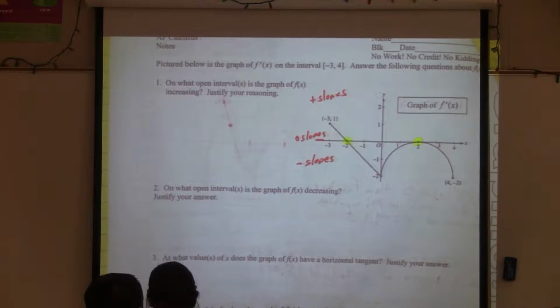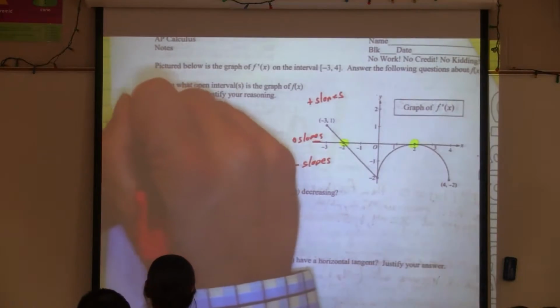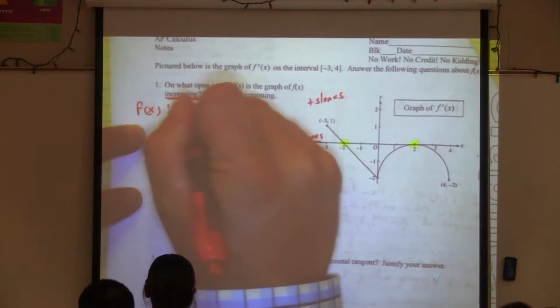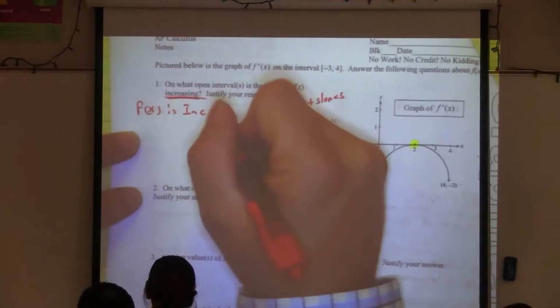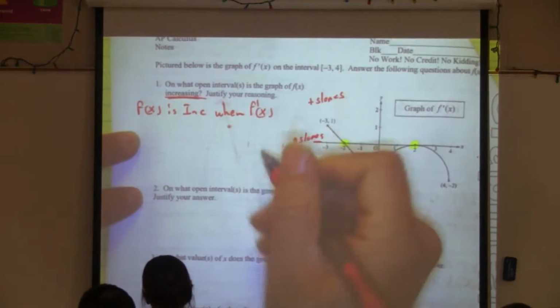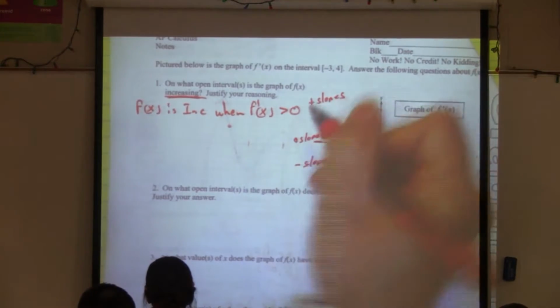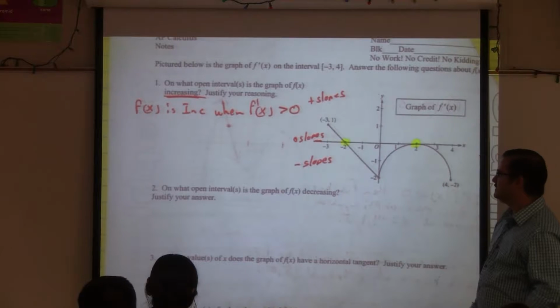So here we go. On what intervals is the graph of f of x increasing? So when is f of x increasing? F of x is increasing when f prime of x is what? In fancy terms, greater than 0.